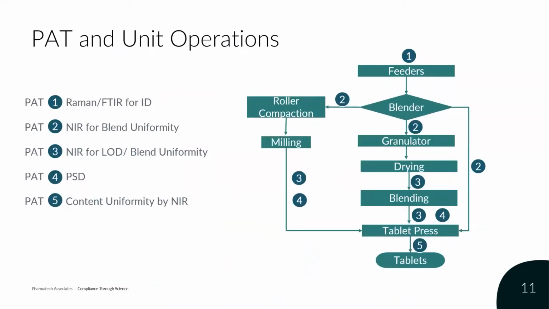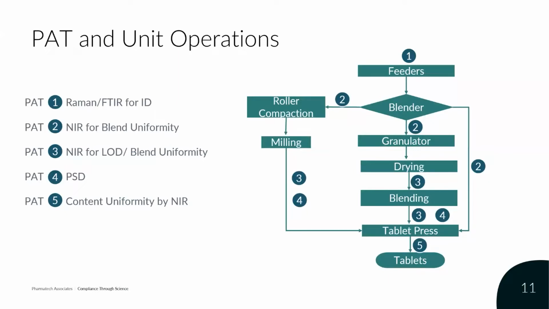Now, this slide is showing the predominant routes used to produce oral solid dosage forms. And usually the three big ways that these are manufactured are through either direct compression, where you take a blend and it goes directly into a tablet press where the tablets are formed.